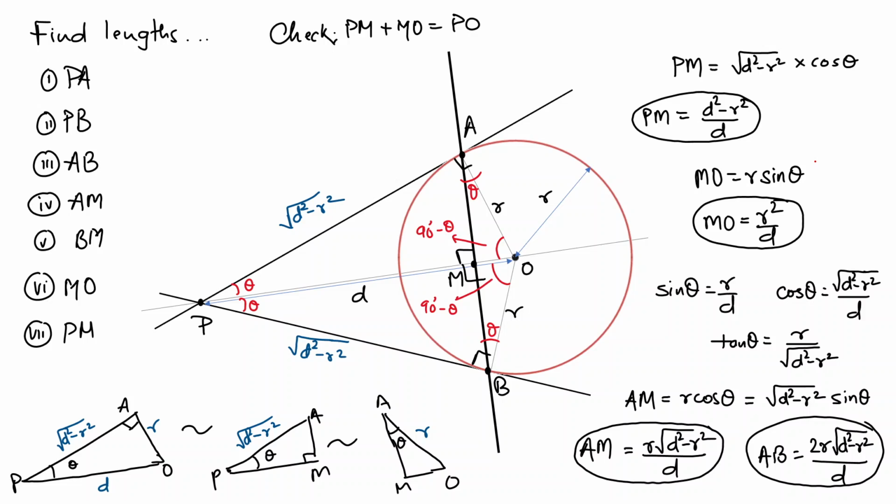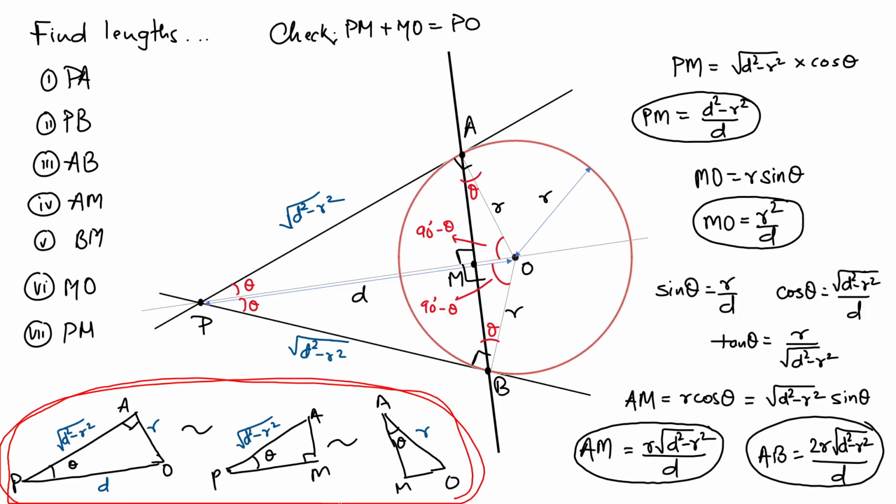Once we have done this kind of geometry, I would say that the most important point here was the similarity of these triangles. You can see these three right angle triangles hidden there, and all of them are similar. That's the most important thing here in terms of the calculations we have done.